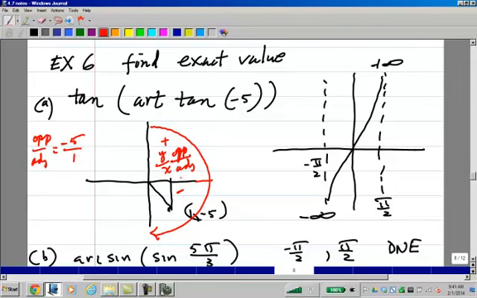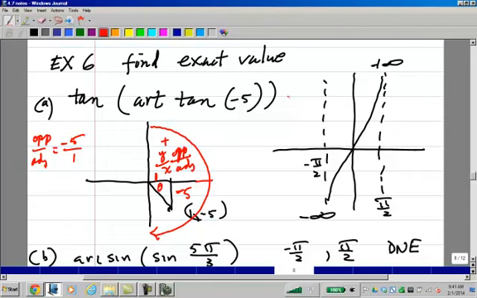Okay? So this is negative 5, and this is 1. All right? So now what is the tangent of whatever angle? Now we don't know what angle this is. We haven't figured it out. We could, but we don't need to figure it out. All we know is that the tangent of that angle is going to be negative 5. Okay, so we're doing the tangent of the arctan of negative 5, and so the output's going to be negative 5.